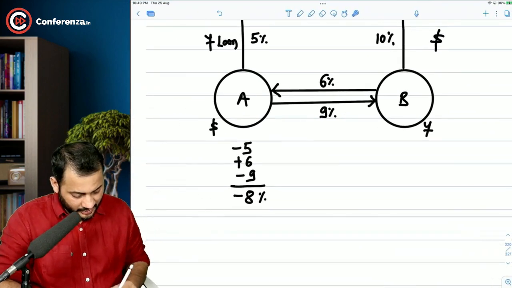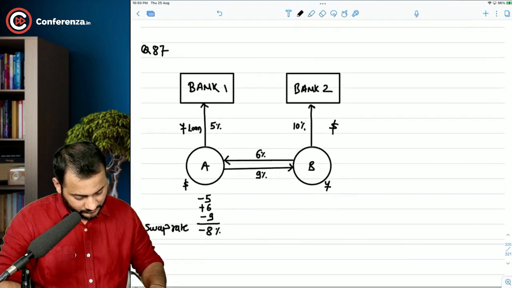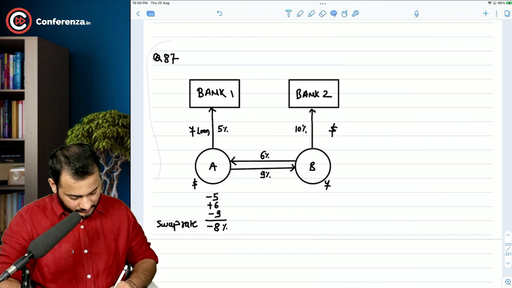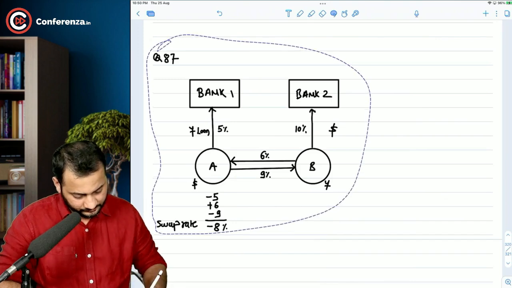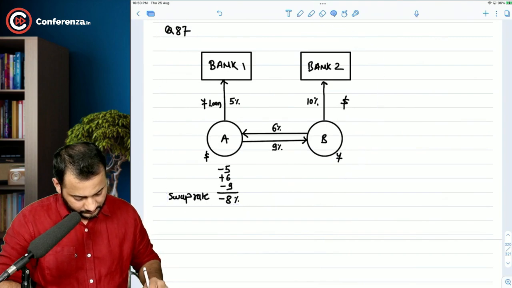This is called as swap rate. I will just shift everything here.